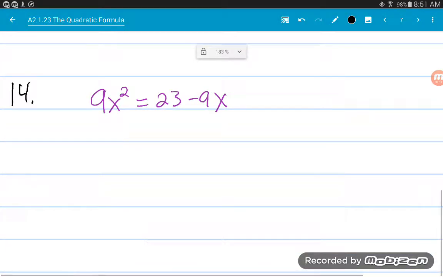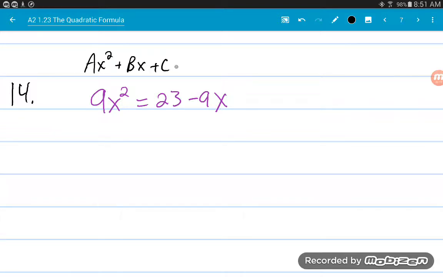Okay. Now that's not in standard form yet. Remember that standard form is ax squared plus bx plus c equals 0.